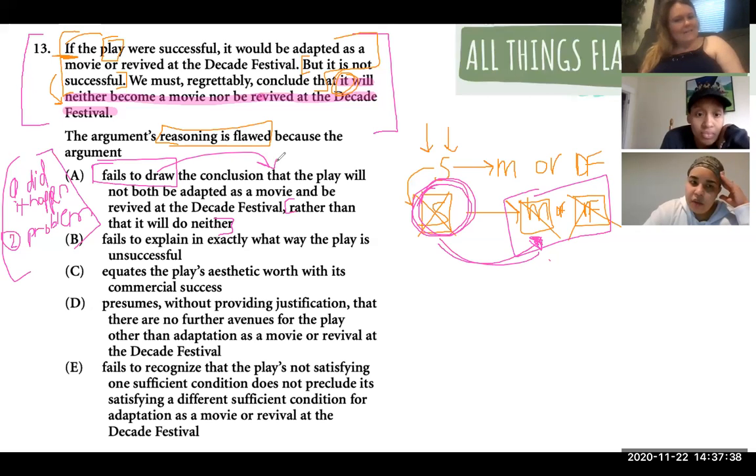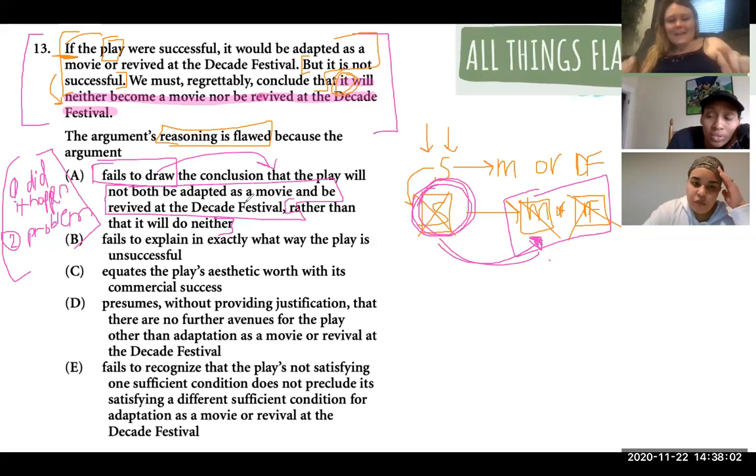But when we ask that second question, is this a problem? No, the problem is not that we did not draw the conclusion that they will not be both of these things. Sorry, let me re-say that.